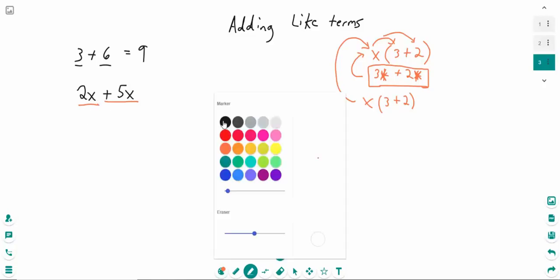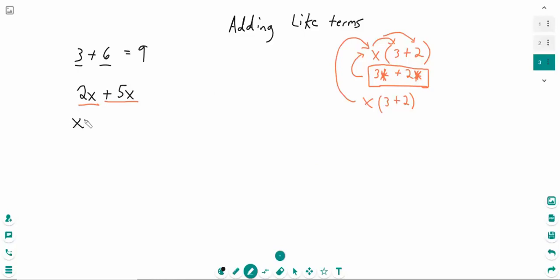So if we pull the x out, what are we left with inside our parentheses here? We pull this x out, the x goes away, we're left with a 2, and the x has gone away here, so we end up with a plus 5, all right? So now that we've pulled this x out, let's add these parentheses. 2 plus 5 is 7, right?